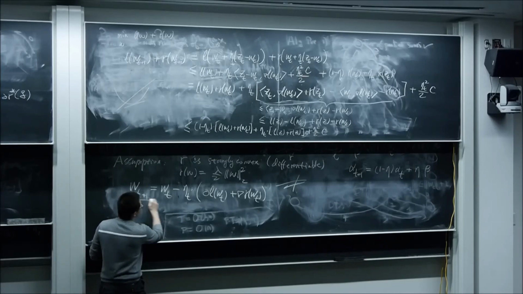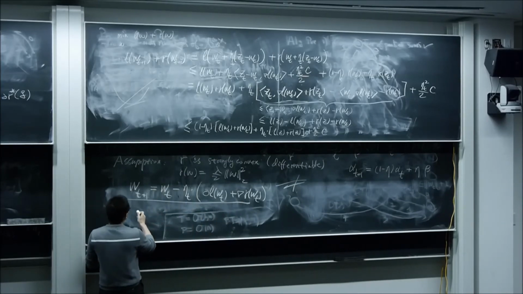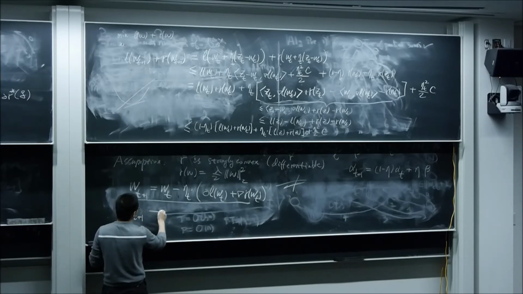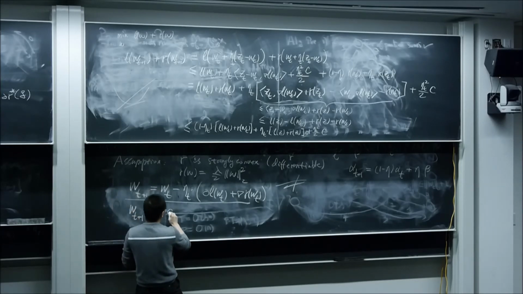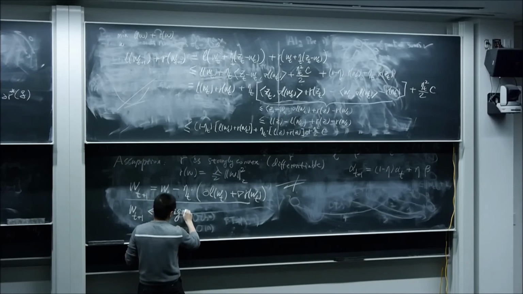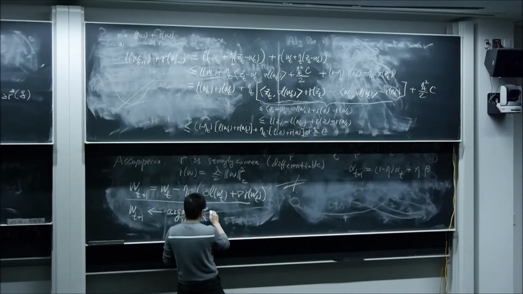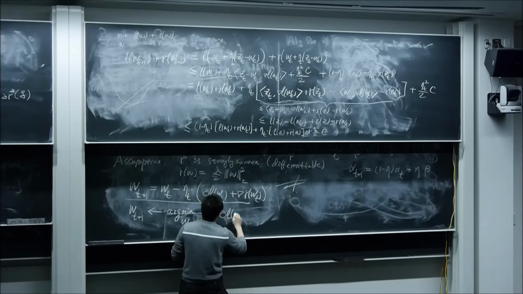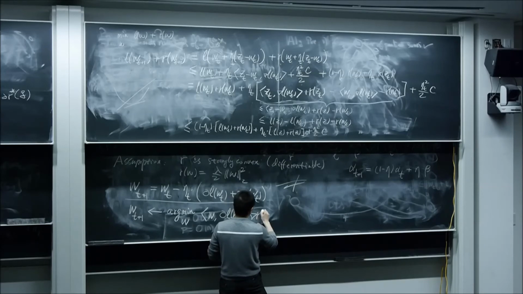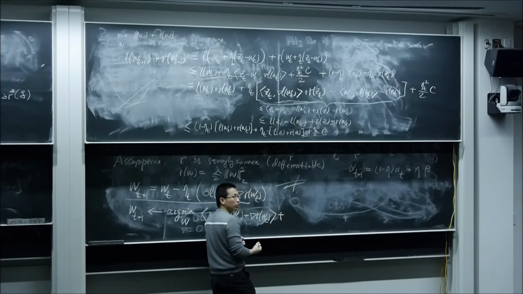So instead of doing this update, what you are going to do is W_{t+1} is going to be the argmin over W of, here is my W, and here's my subgradient, plus the quadratic term.